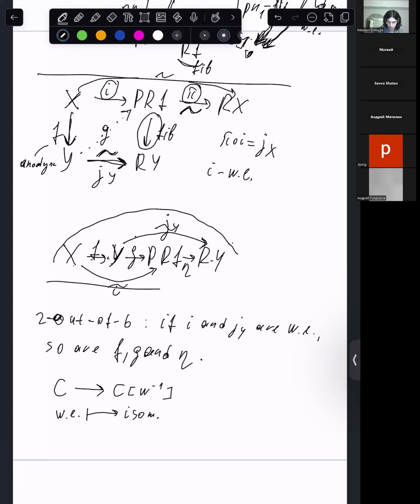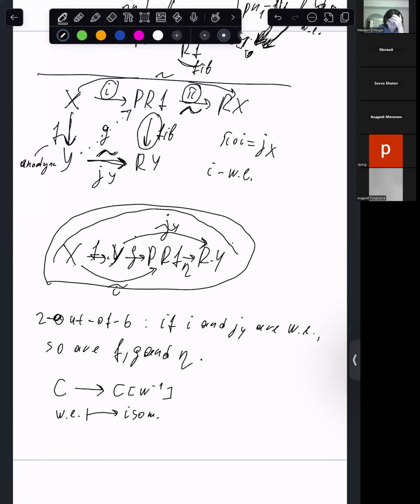So if we look at this diagram in the localized category, then we can use the two-out-of-six property. The localization functor takes weak equivalences to isomorphisms, but why is the converse true?